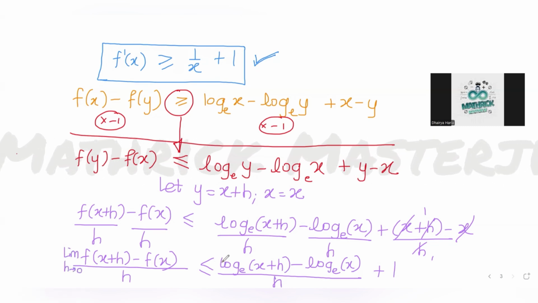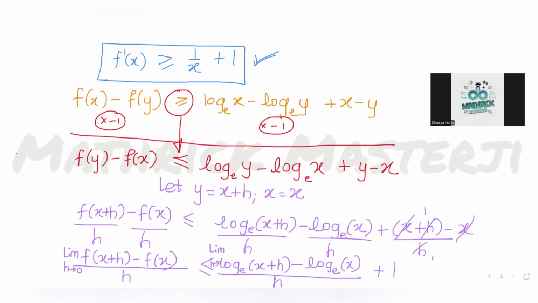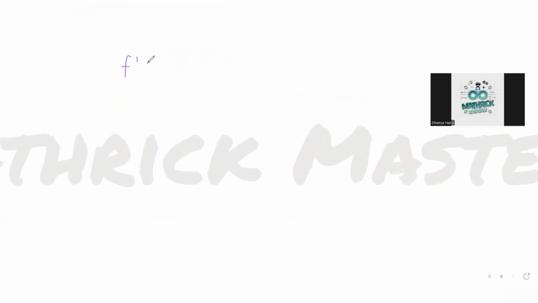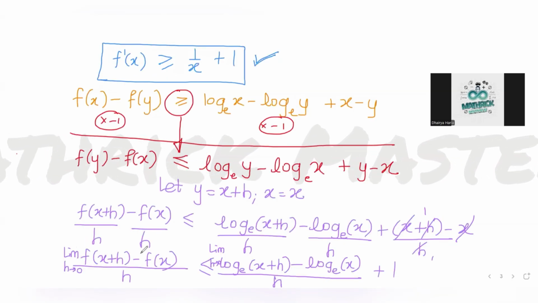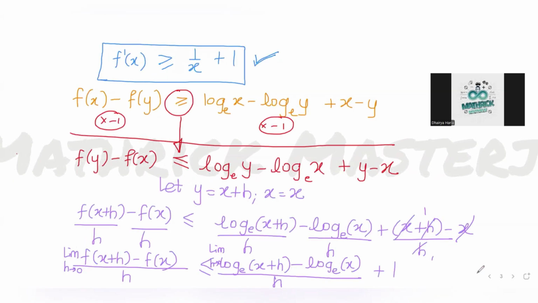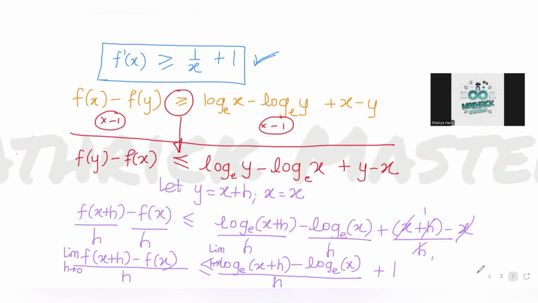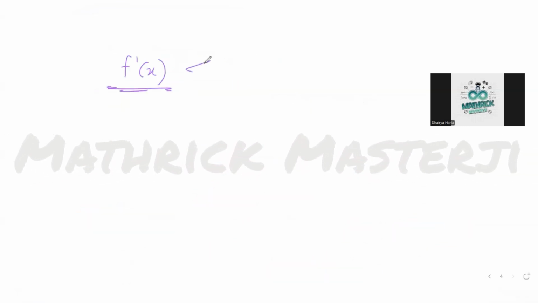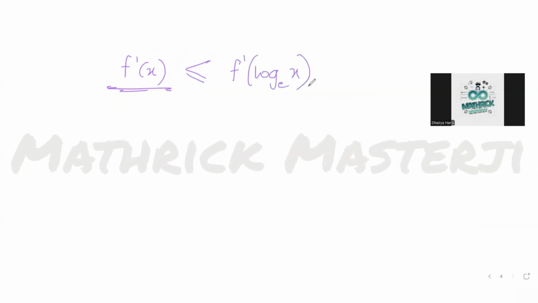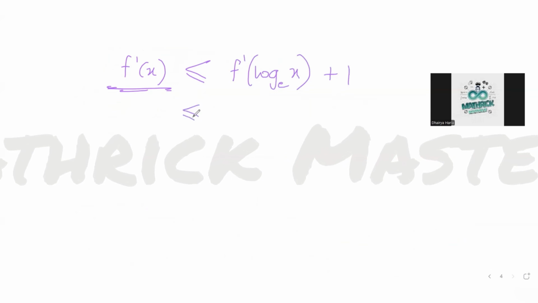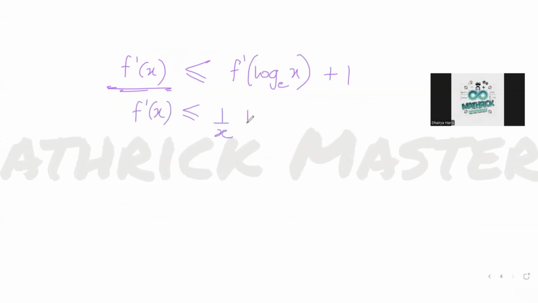So what I get from here is again f dash of x, because that's the definition of the derivative. So f dash of x is less than or equals to the derivative of natural log of x to the base e, plus 1. We know the derivative of a logarithmic function is 1 over x.